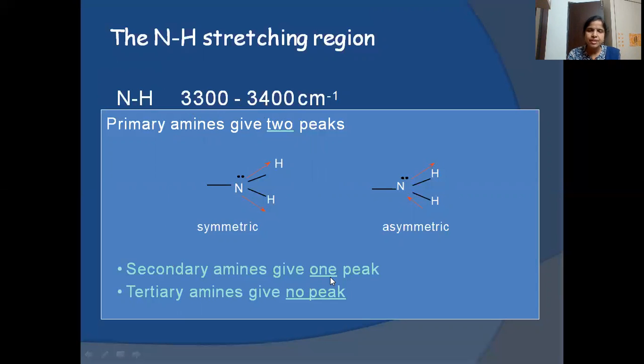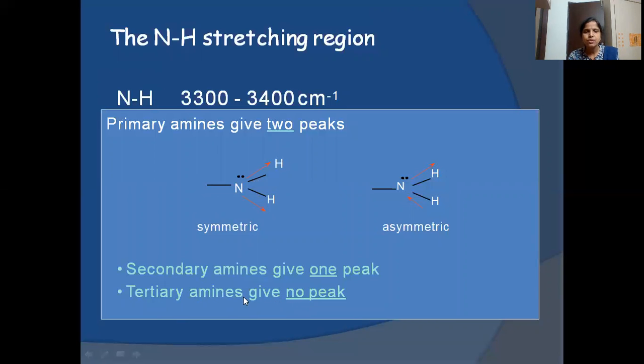Whereas for secondary amine, we will find only 1 band, because only 1 hydrogen is there. A secondary amine has an alkyl group R, another R group, and 1 H attached to nitrogen. That is the reason secondary amines show only 1 peak, whereas tertiary amines will not show any peak in that region.